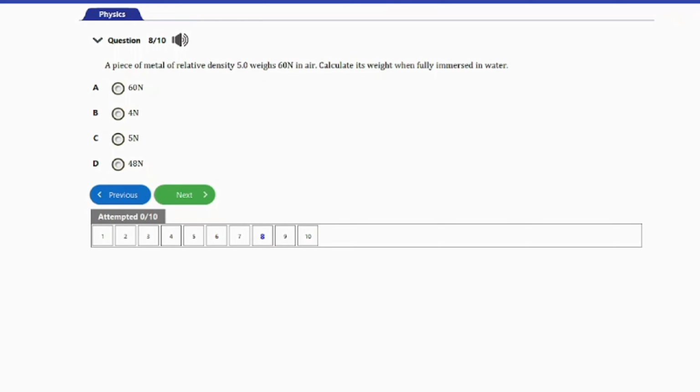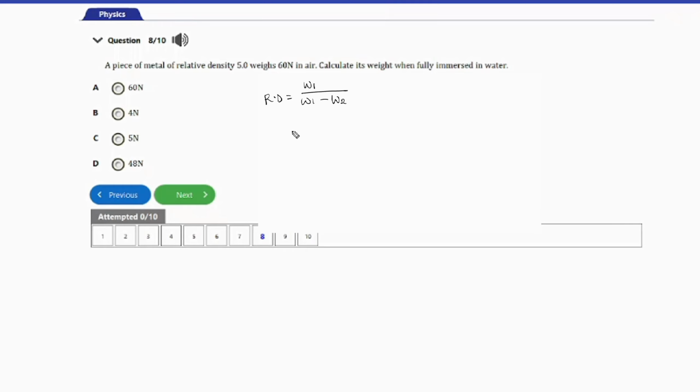So the next question here is question number 8. It says, a piece of metal of relative density 5.0 weighs 60 newtons in air. Calculate its weight when fully immersed in water. So we'll have that the relative density is equal to W1 over W1 minus W2.